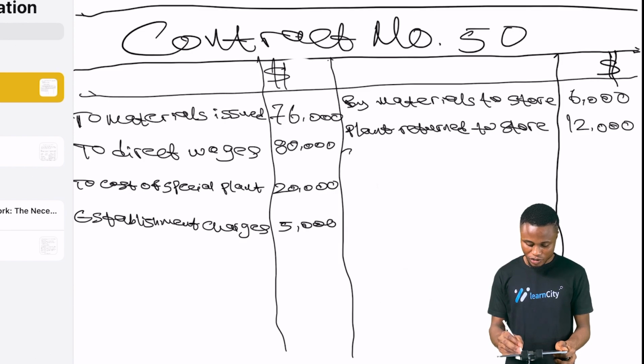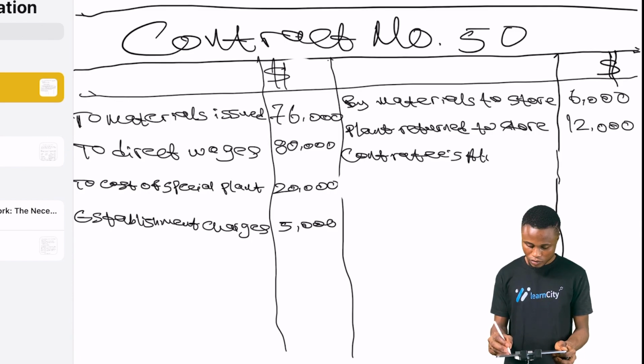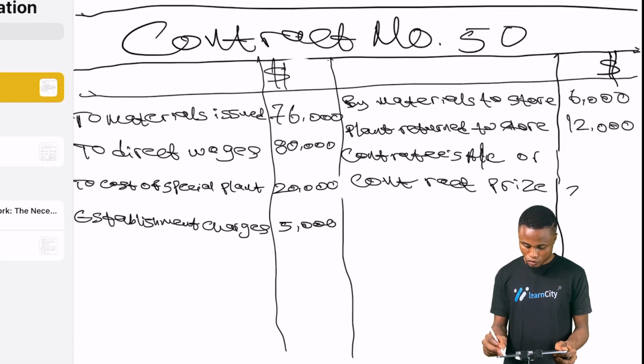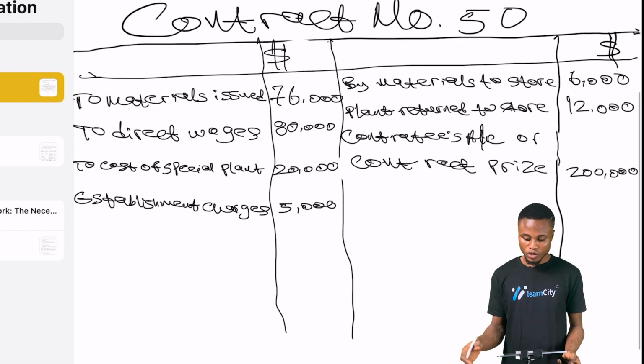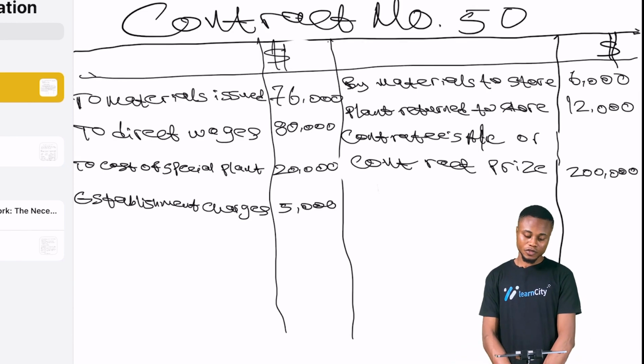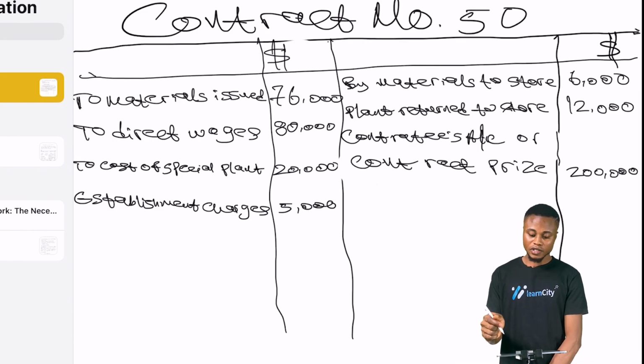Right, let me write contractee's account. $200,000.